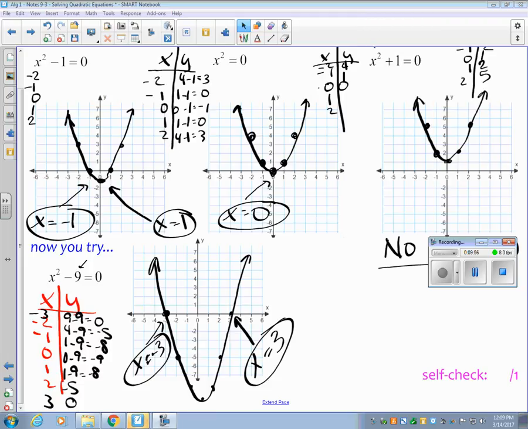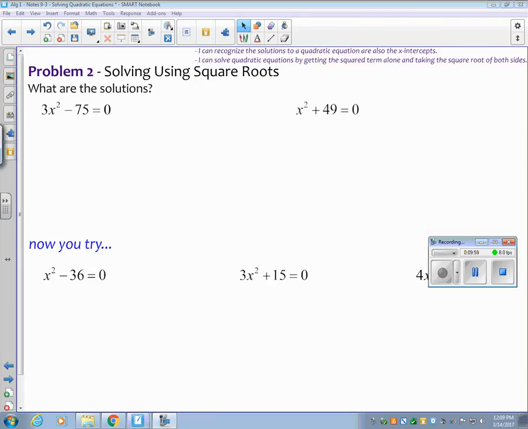All right, so we're going to use square roots. So, Connor, come on up. This will be super fun. We're going to treat the x squared like it was just a regular x. So if 3x squared minus 75 equals 0, or just like 3x minus 75 equals 0, how would I solve for x?